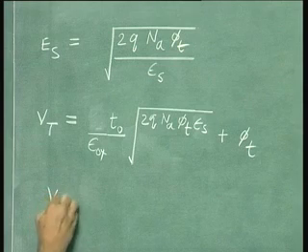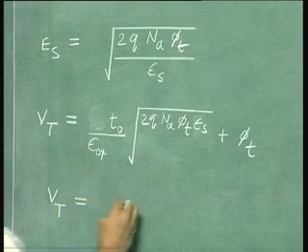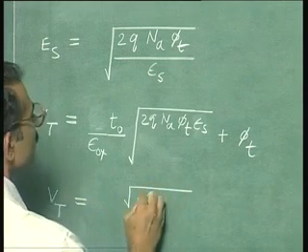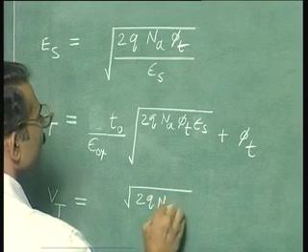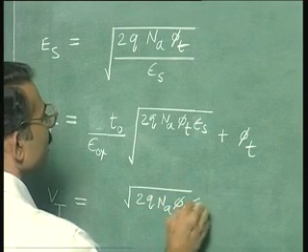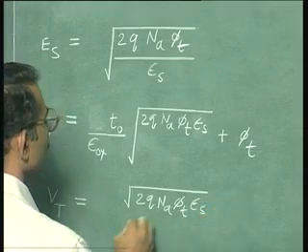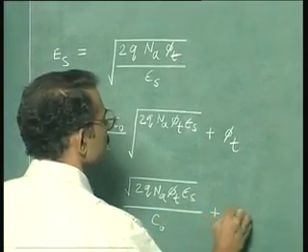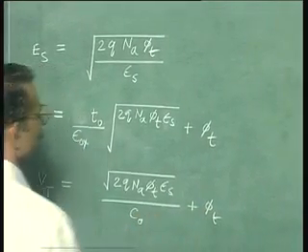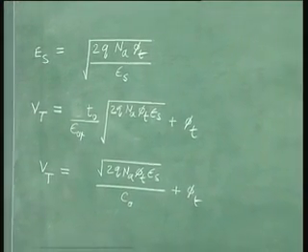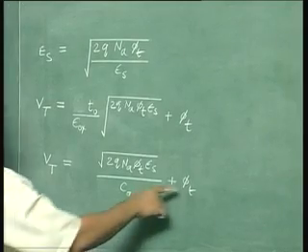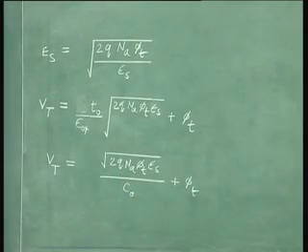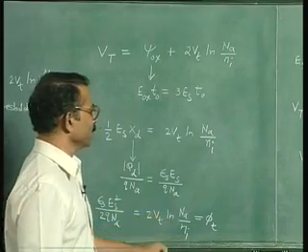So we can write this formula as square root 2qNA phi t epsilon s upon C naught plus phi t, where phi t is given by this 2 Vt ln Na by Ni.